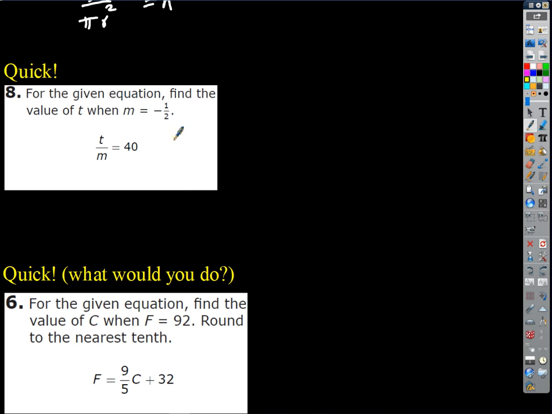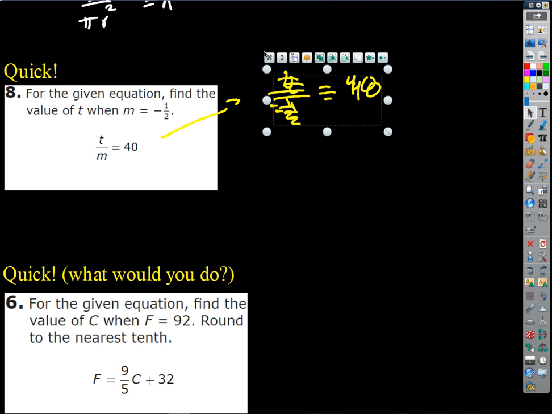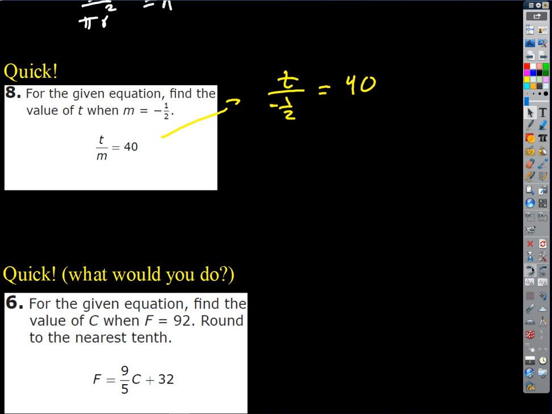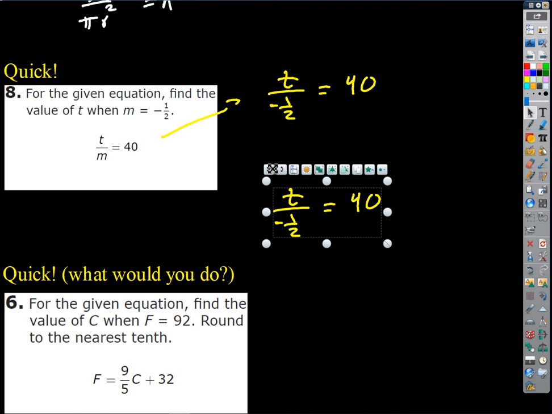So if I plug that in, I get t divided by -1/2 equals 40, right? So there's really two ways we could do this pretty easily, equally good.